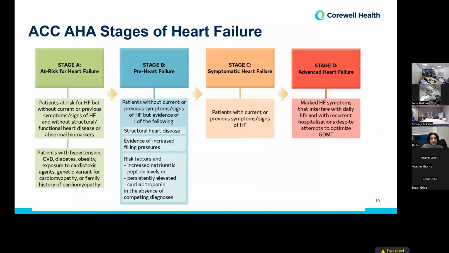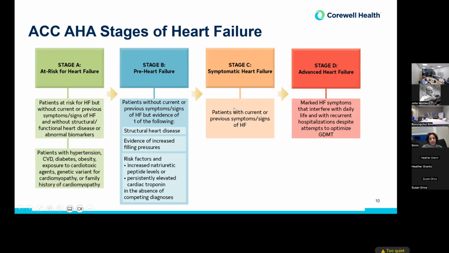You all have heard of the stages of heart failure, which is much more common in cardiology now. Again, for our purposes, we are going to be working with patients with stage C and stage D. Stage C are patients with current symptoms or who have had symptoms of heart failure.